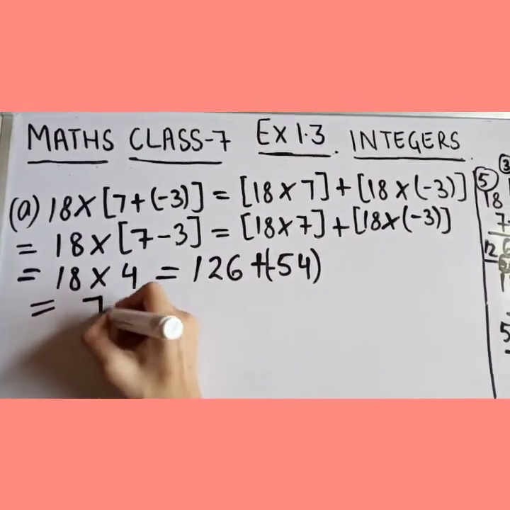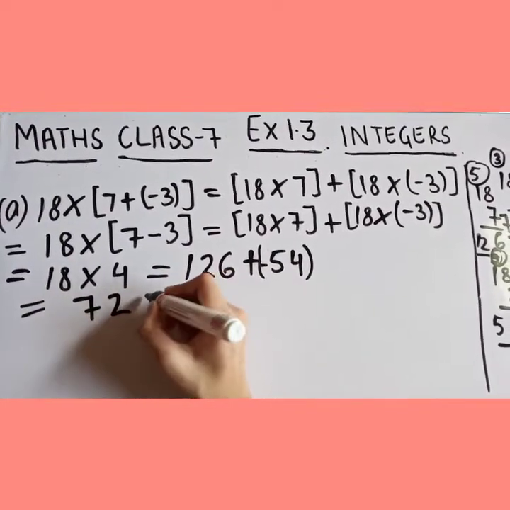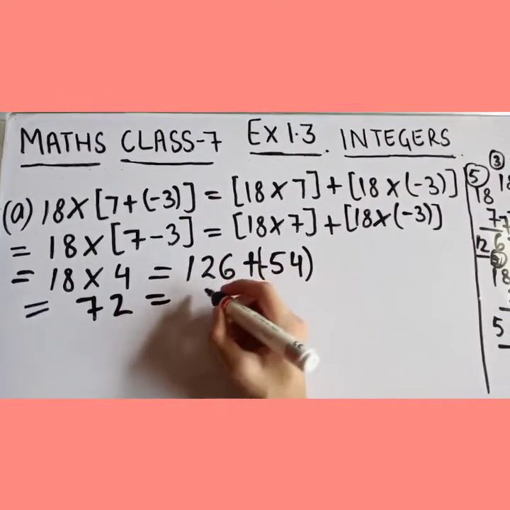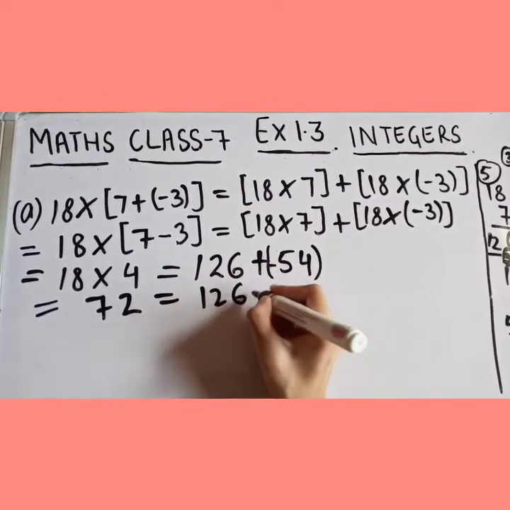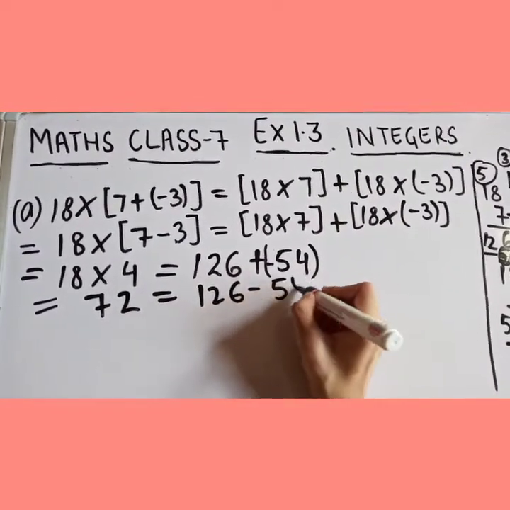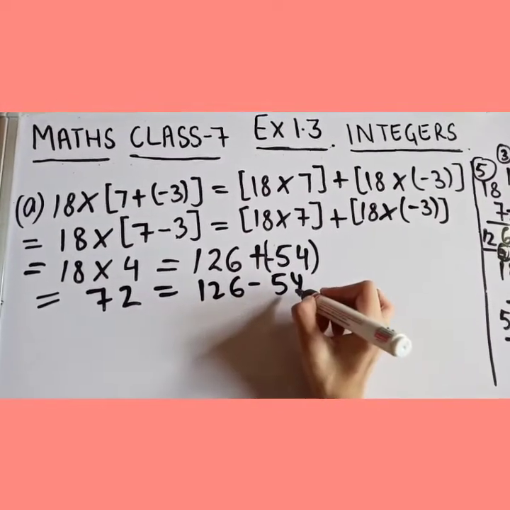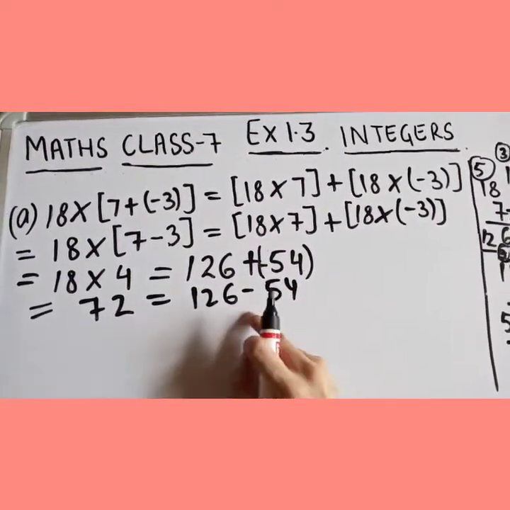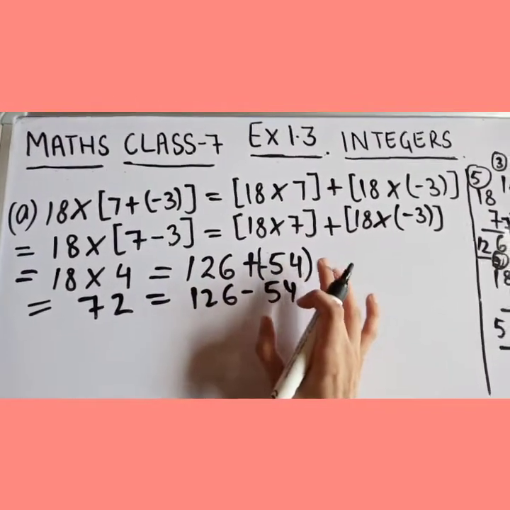So 18 multiplied by 4 is 72. Now 126 plus minus minus. So 126 minus 54. Now you will subtract them in the next step, not in this step, because in this step you have changed the sign.